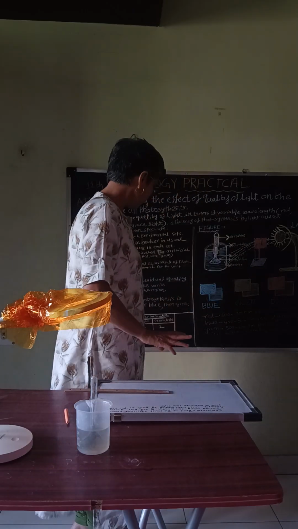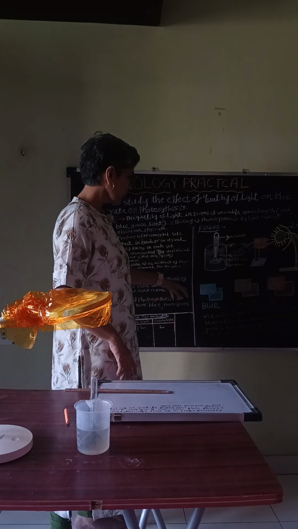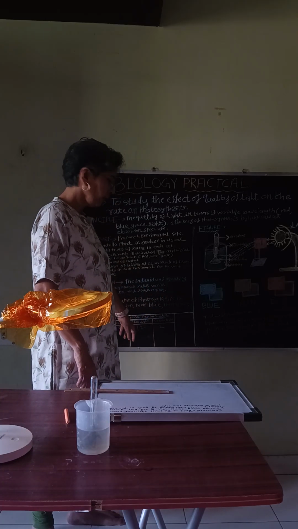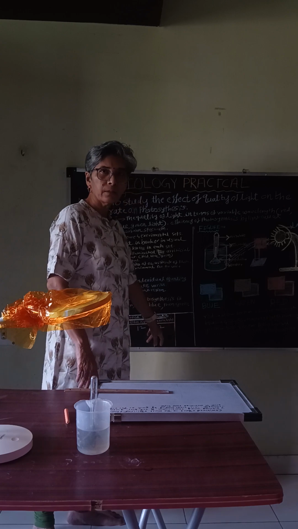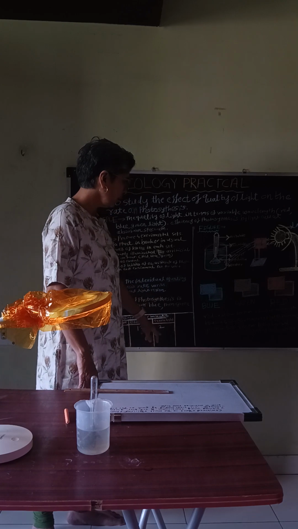There are 13 oxygen bubbles in red light. Then we get more reading in blue light and then in green light. The least readings are seen here in green light.